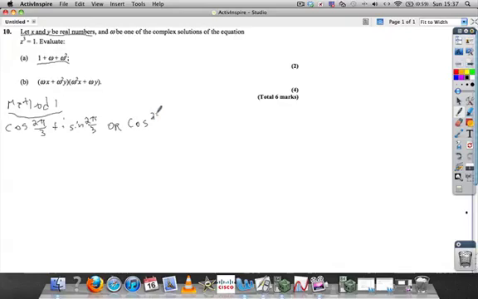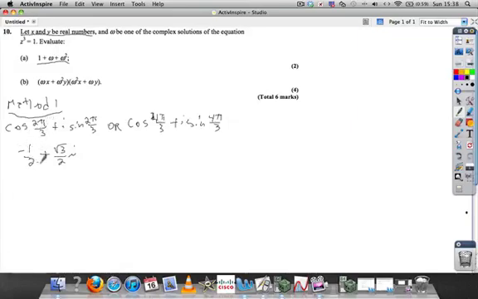Two of those is 4 pi over 3: cos 4 pi over 3 plus i sine 4 pi over 3. Good. So this gives us, by the unit circle, minus 1/2 plus root 3 over 2 i, because 2 pi over 3 is special, pi over 3, which has cosine minus 1/2.